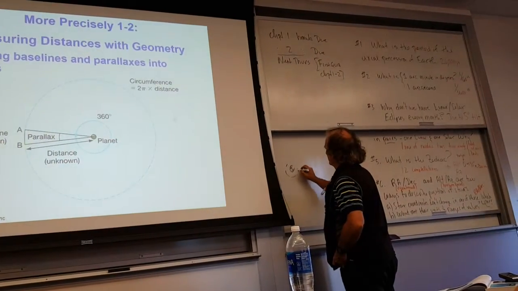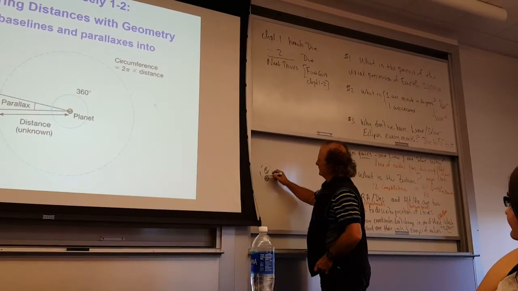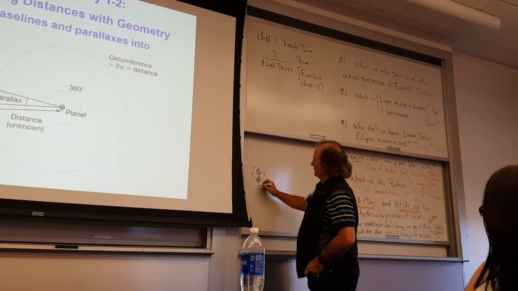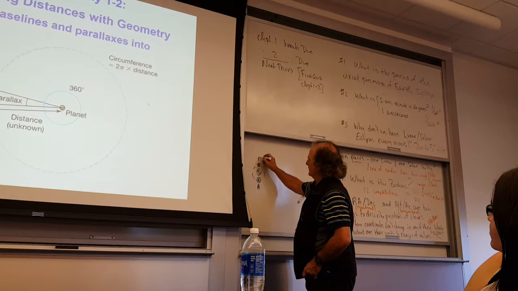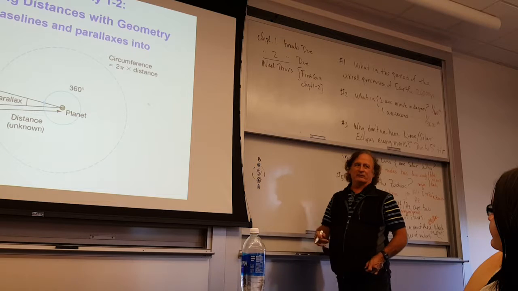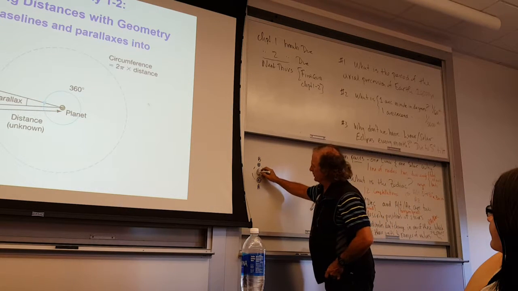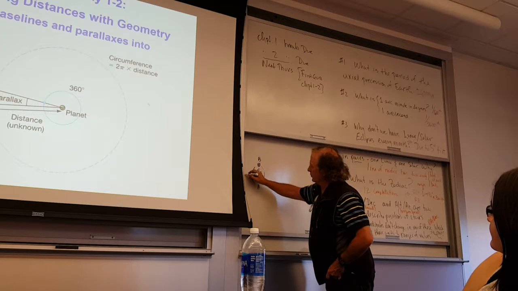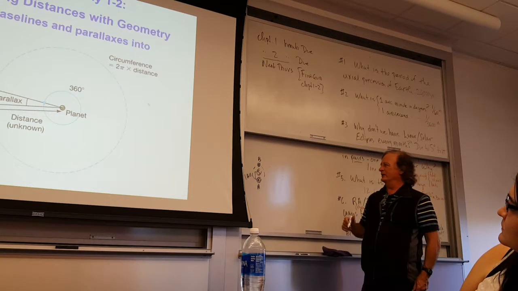So here's the sun, here's Earth going around, and we're going to have a baseline where Earth is at position A and then position B. Now this is going to be 6 months later, and the baseline is not going to be 1 AU, it's going to be 2 AU. This is 1 AU, 1 astronomical unit, the distance from the Earth to the sun.